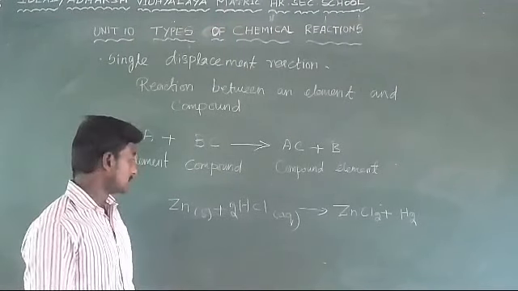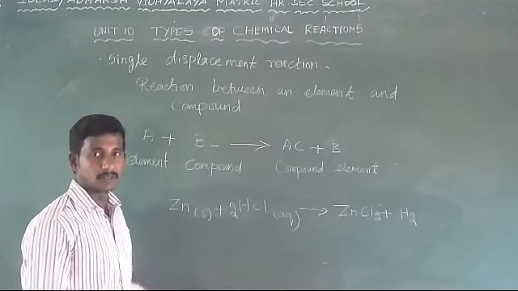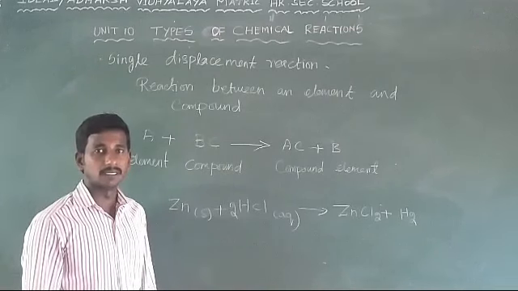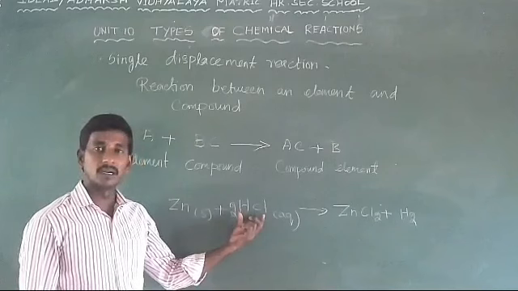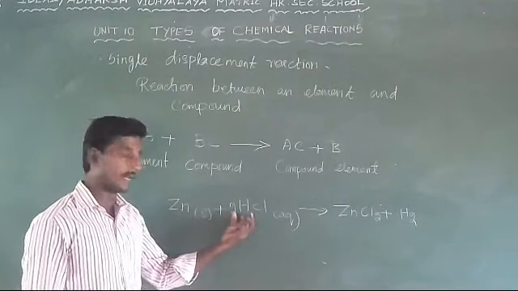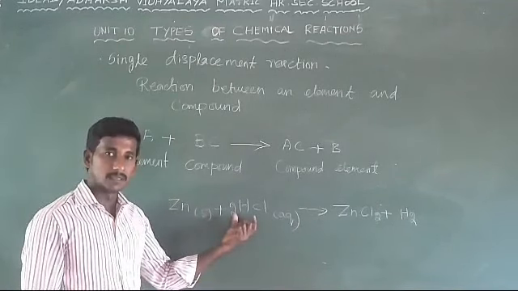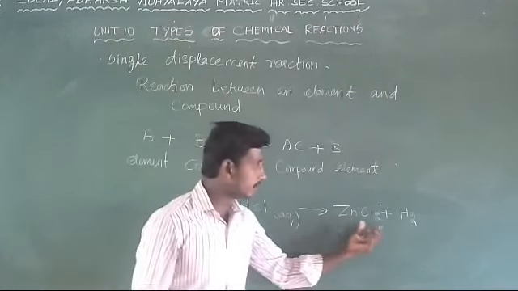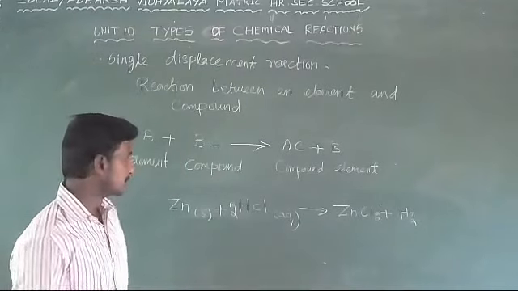In a displacement reaction, a more reactive element displaces a less reactive element present in the compound. Here, zinc is more reactive than hydrogen. So the more reactive element displaces the less reactive element in the compound to form zinc chloride and hydrogen.